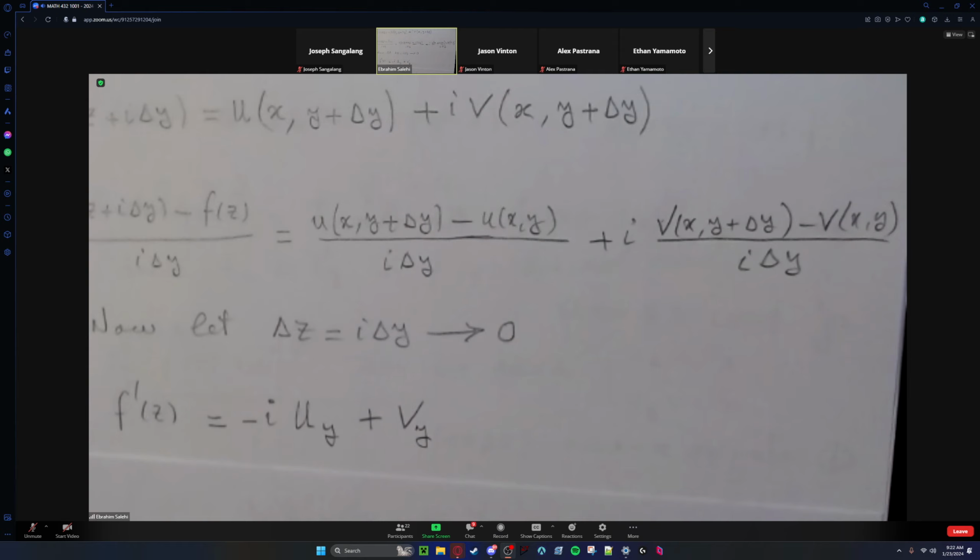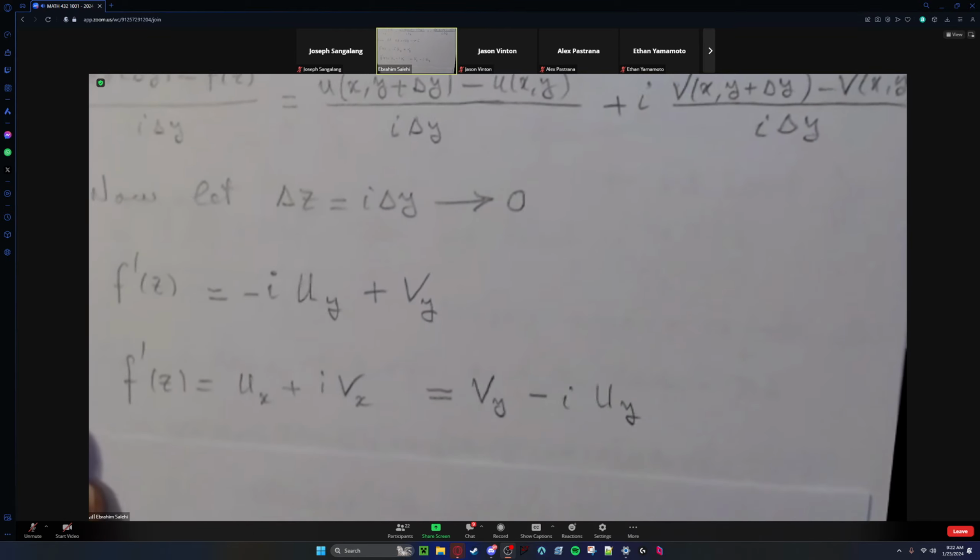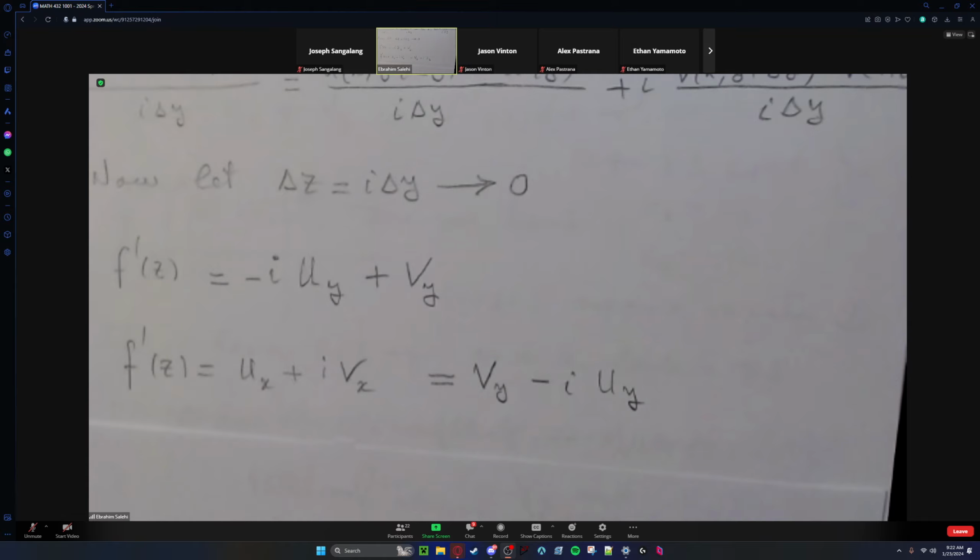Since it doesn't matter how we let delta z approach 0, we got to get the same result. Then these two got to be equal, right? So the real part is equal to the real part, the imaginary part equal to the imaginary part.